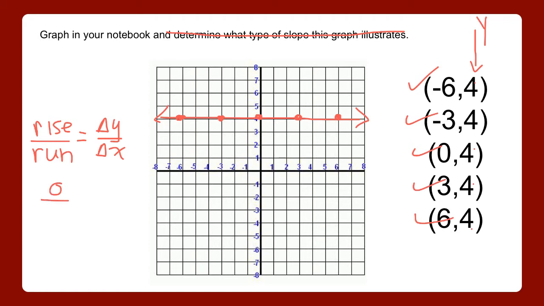It's staying horizontal. So it doesn't really matter what's happening to our x. I can just put an x down there. It doesn't matter because whenever you take 0 divided by any number, you're always going to get 0. As long as 0 is your numerator, or in this case you have a horizontal line, you will have a 0 slope.